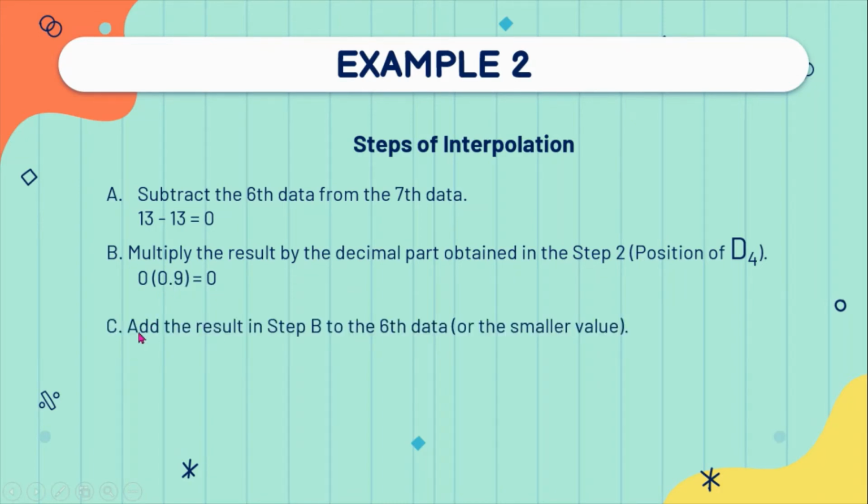And finally, add the result in step B, this 0, to the sixth data or the smaller value, which is 13. So 13 plus 0 is equal to 13. Therefore, the fourth decile is 13.